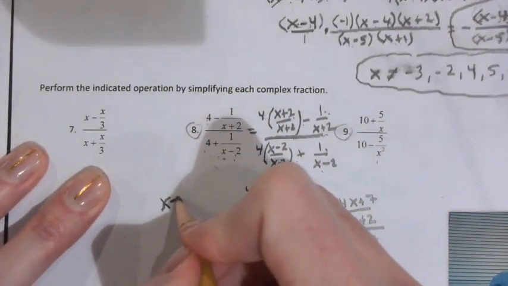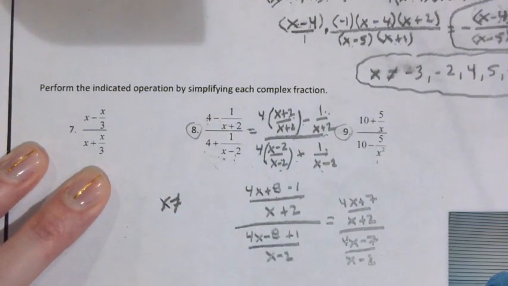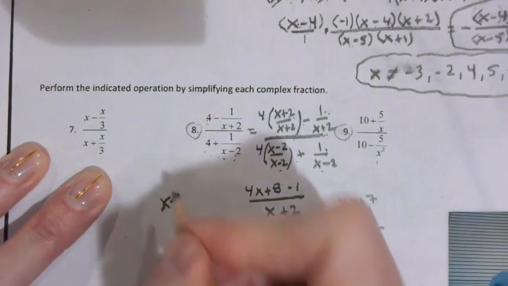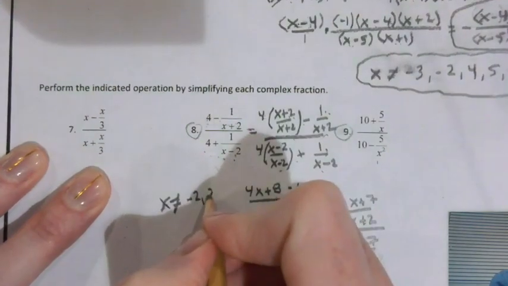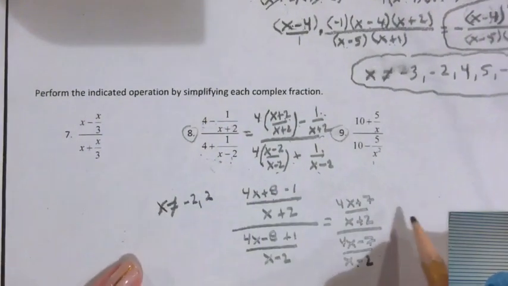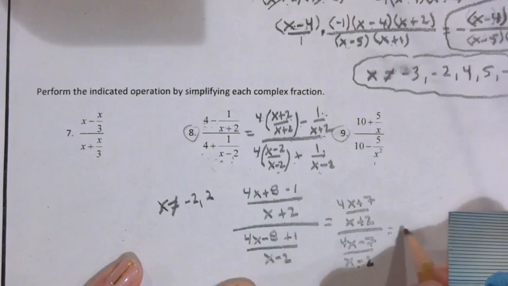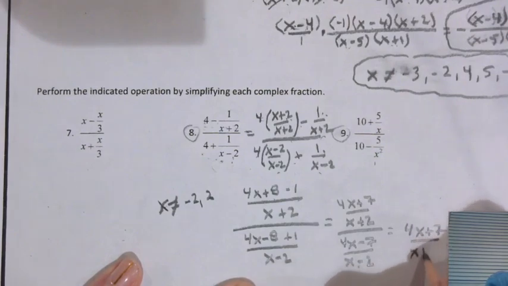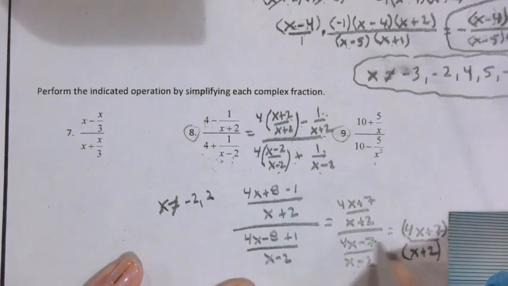So x cannot equal negative 2 or positive 2. Okay, but now we've got the top, 4x plus 7 over x plus 2, and we're going to multiply by x minus 2 over 4x minus 7, and nothing cancels, so that's all that we can do there.